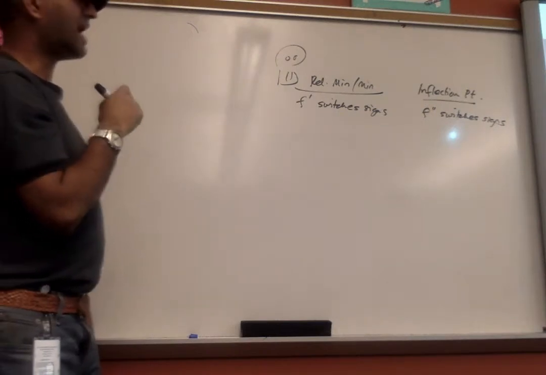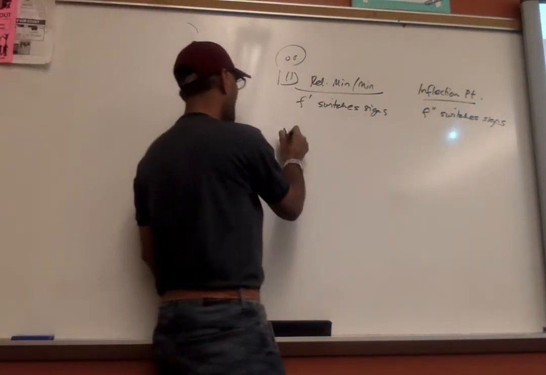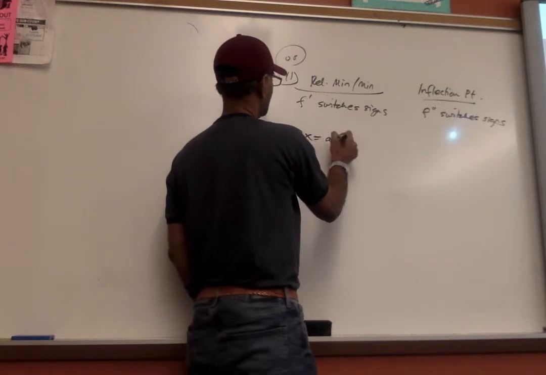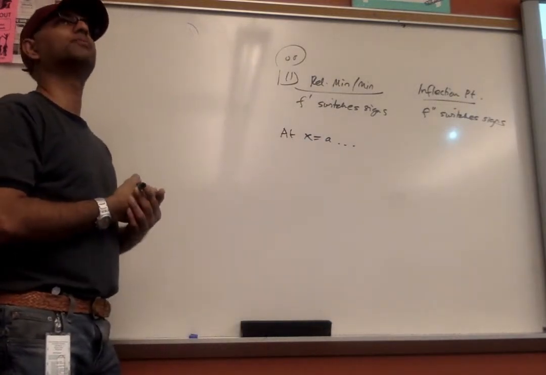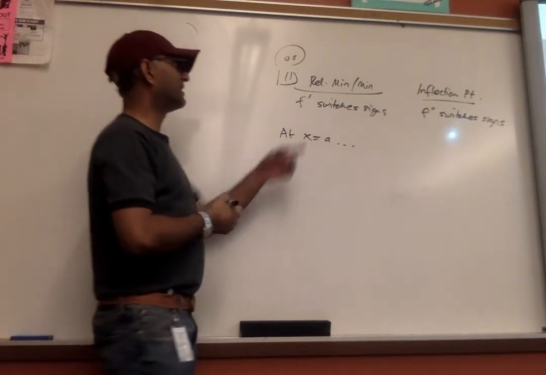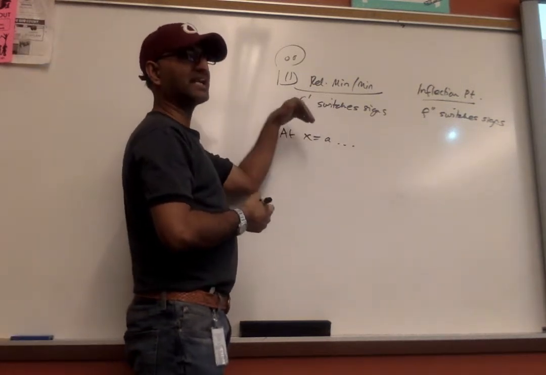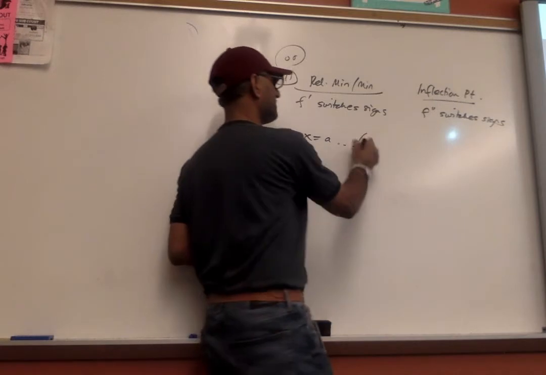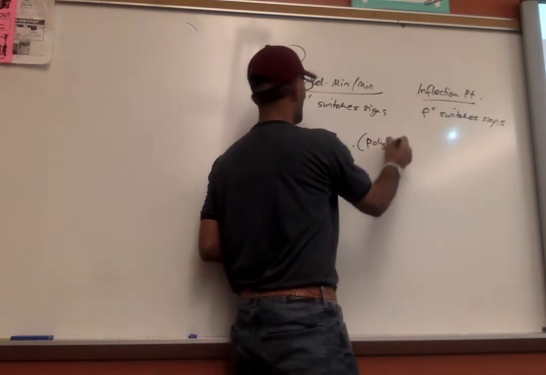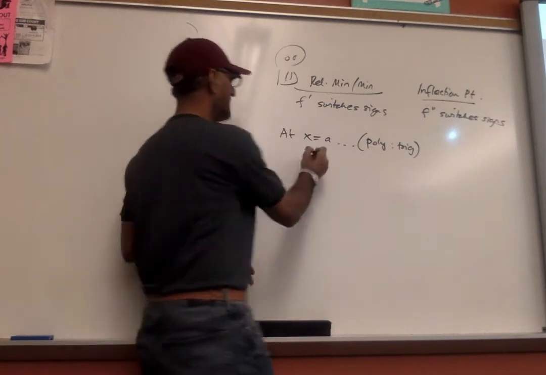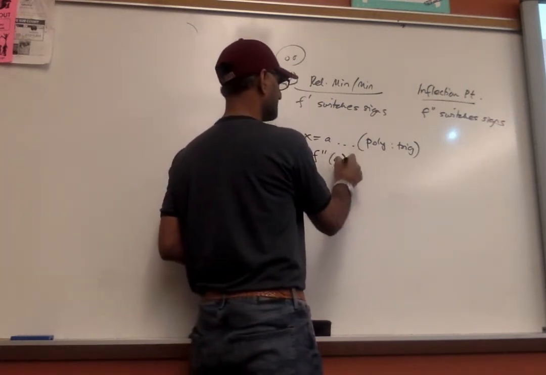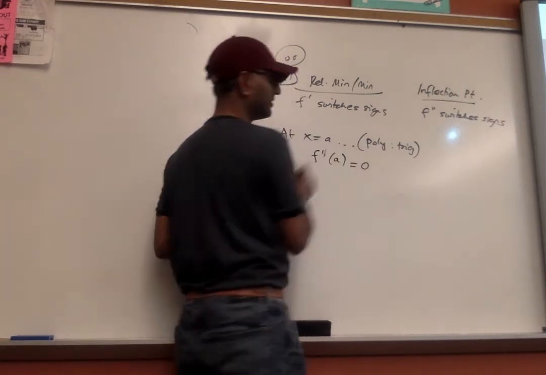But on the other hand, if the question says at x equals a we have a relative min or max, and it's a polynomial function, or a trig function, then f' of a should be 0, a horizontal tangent.